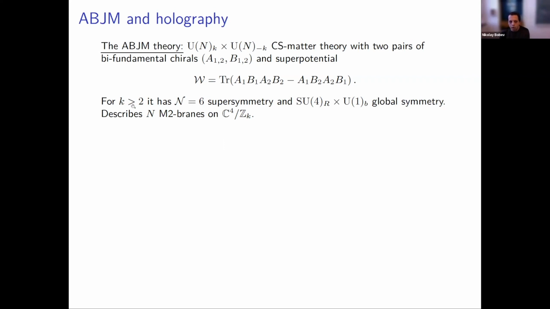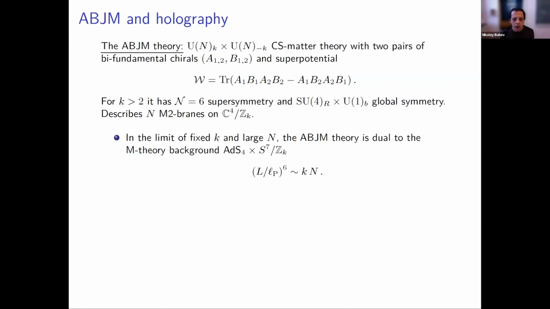When k is equal to 1 or 2, there's a specific enhancement of supersymmetry to N=8, maximal supersymmetry. And in the general case, SU(4)_R is the R symmetry, which rotates these six supercharges, and then there's an extra U(1) bosonic global symmetry.